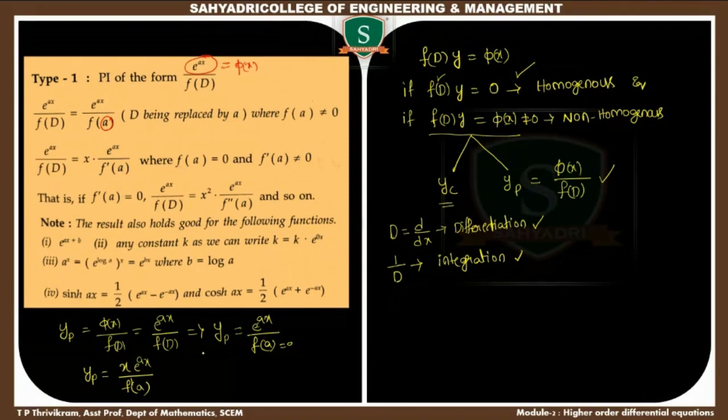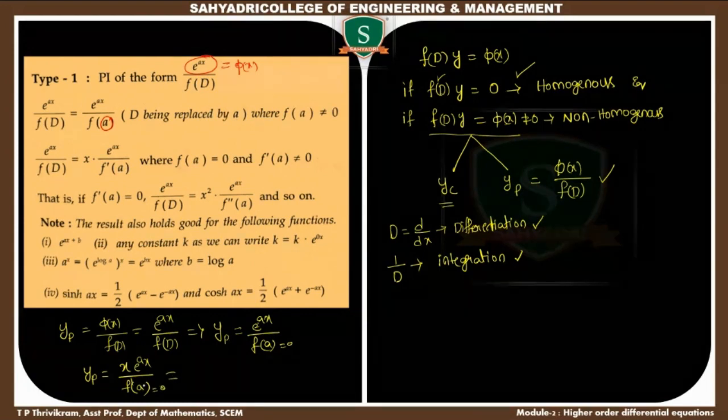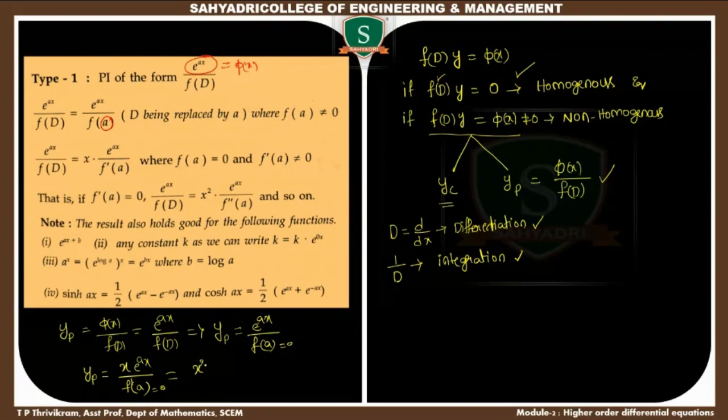Clear? Similarly, if f dash of a also becomes 0, I will multiply one more x in the numerator, so you will get x square e power ax divided by f double dash of a. One more derivative has been added, and like that it will continue.